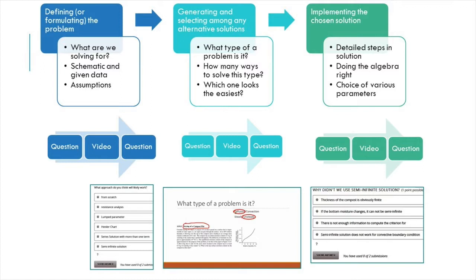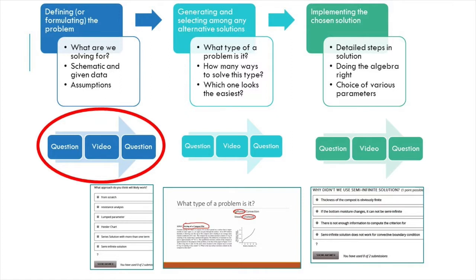I also automated this. This means I implemented them on a learning management platform, in this case edX. So in that one, I have questions first to prime their thinking. Then I have a video that actually goes through the steps where I solve it for them.